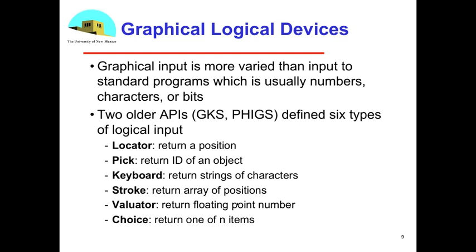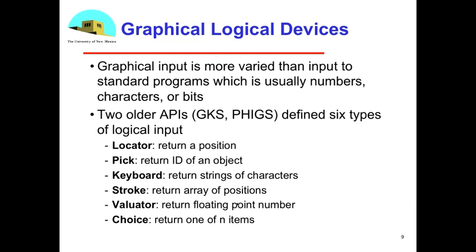A keyboard device is like your physical keyboard. It returns strings of characters, but you can imagine, and I'm sure you've seen, you could put a keyboard up on the display and then use your mouse to decide which keys you want to strike. You do that with your cell phones all the time. So you have the difference between a logical keyboard, which can be all kinds of things, versus a physical keyboard, which is a very specific thing.